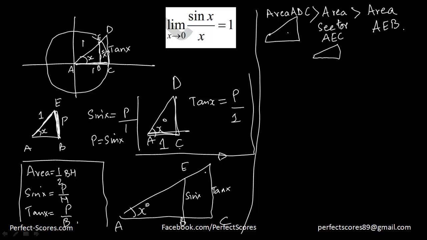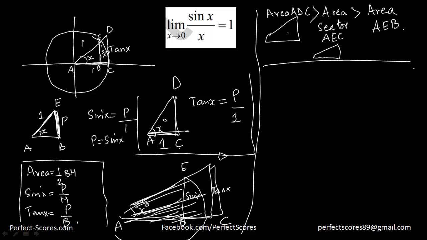So if you see this, this is how things are. This is the arc of the circle and all that. So this whole big area is greater than this area, which is greater than this area, right? So the area of ADC is greater than the area of sector AEC and the area of triangle AEB.